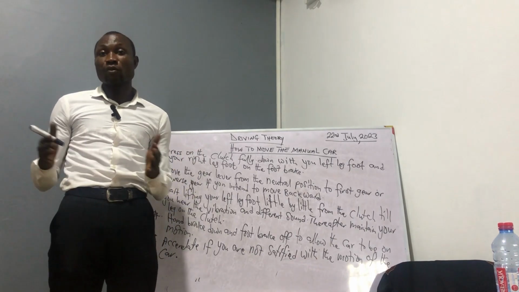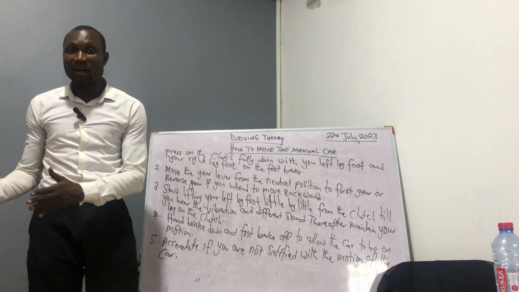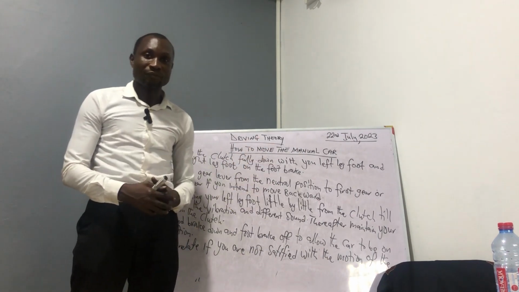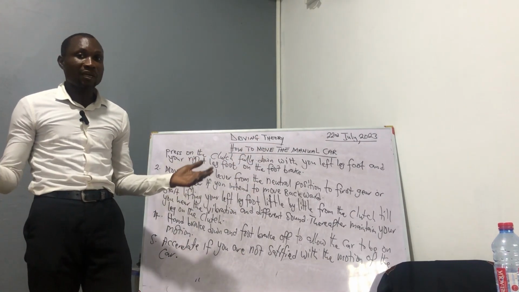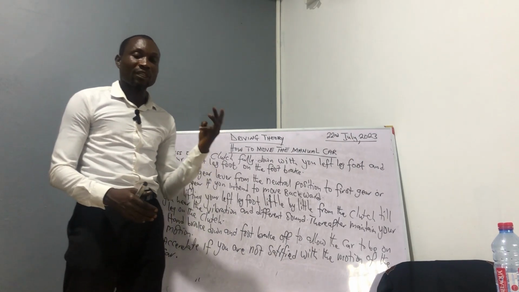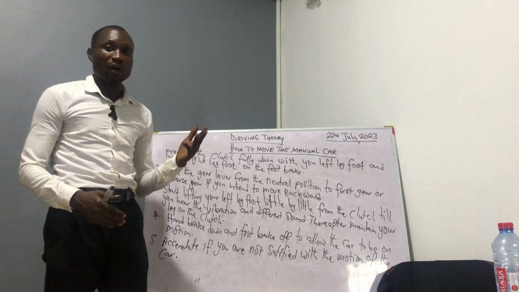Today we are not going to look at how to move an automatic car, but rather a manual car. With a manual car, as we saw in the previous video, it has three pedals, and we have three methods of moving it.